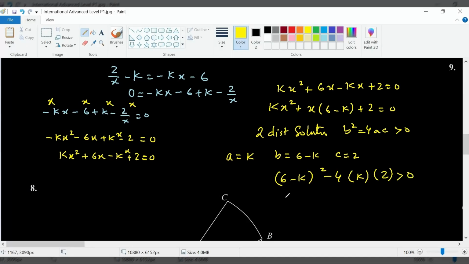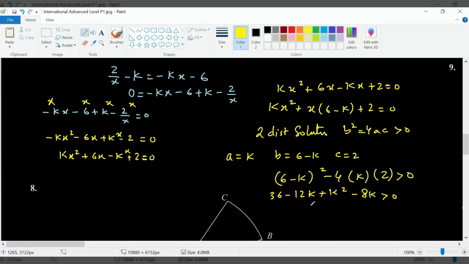Now in here, if I open this bracket, I should get 36, and 6k, and double of 6k is going to be 12k, and plus 4 times 2 is 8, 8k. This has to be k squared plus k squared minus 8k should be greater than 0.